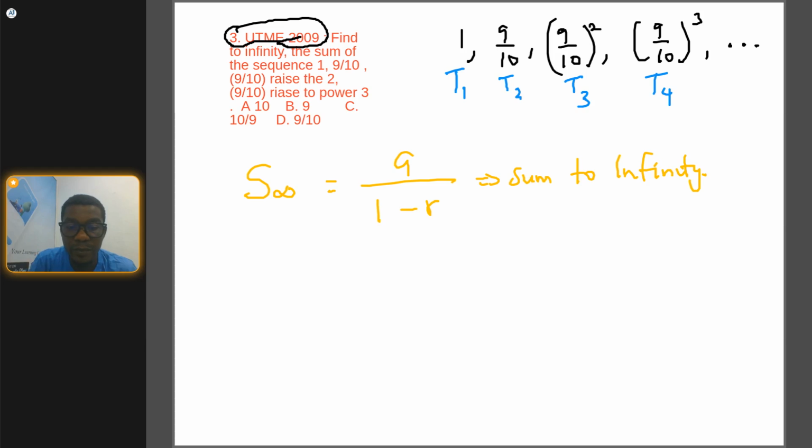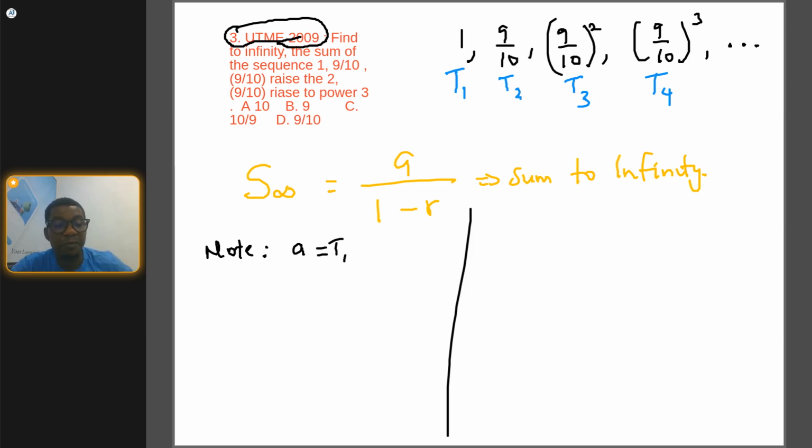So how will I do that? Take note that letter A is also equal to T1. That means letter A represents the first term in a sequence.